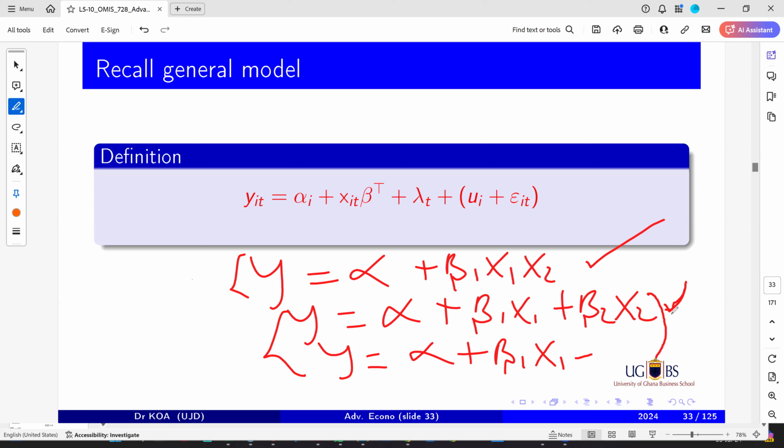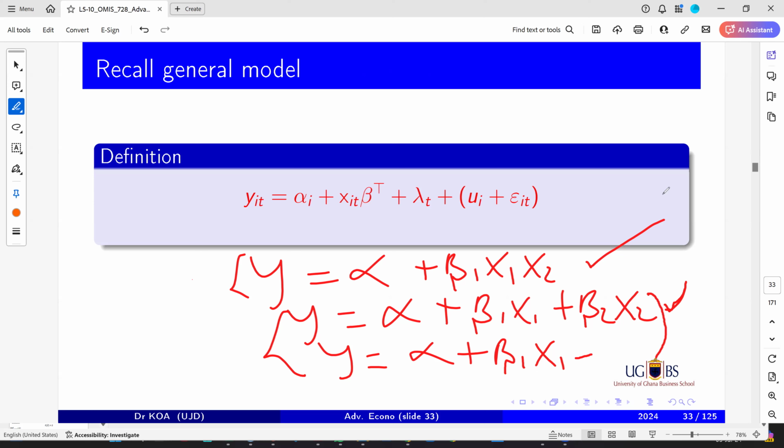Oh, forget about the beta, because I could have used any letter for the coefficient. I could even call this one gamma, and this one beta, and this one alpha. The focus is on the independent variable, not on the beta parameter.